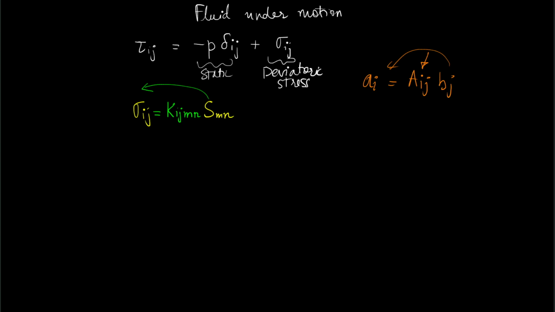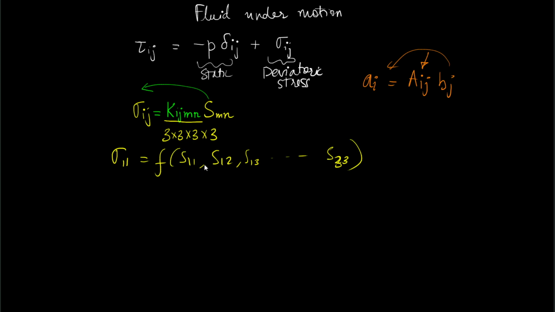Now let us look at the different requirements of this relationship. For this relationship to hold true, how many variables must we have? i can go from 1 to 3, j can go from 1 to 3, m can go from 1 to 3, n can go from 1 to 3. Meaning sigma 11 is a function of S11, S12, S13, and so on, all the way to S33.